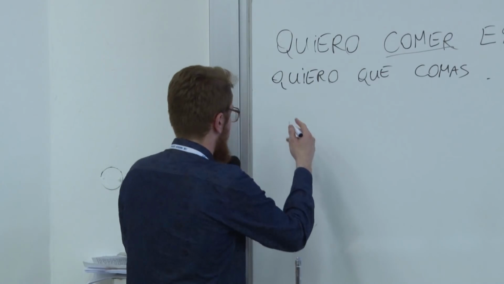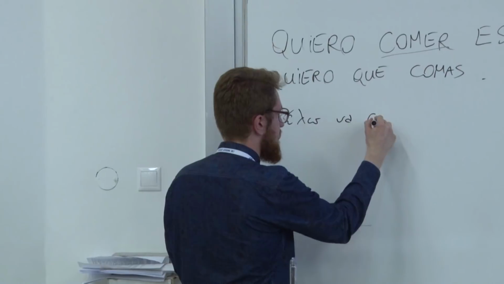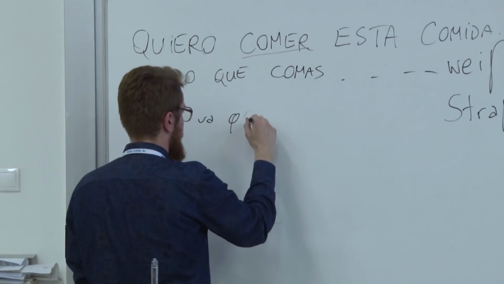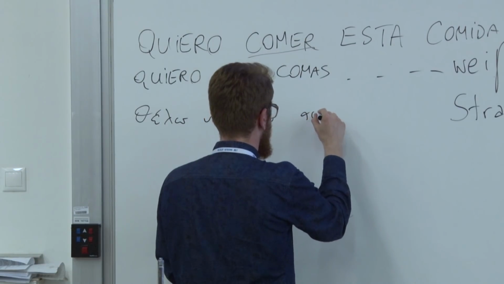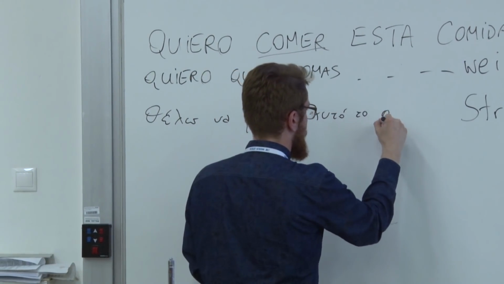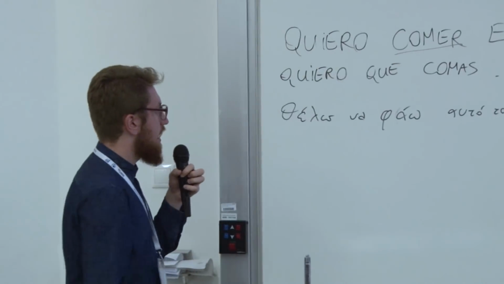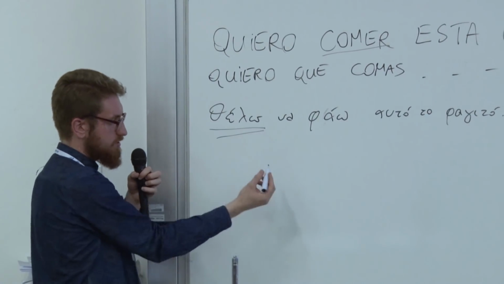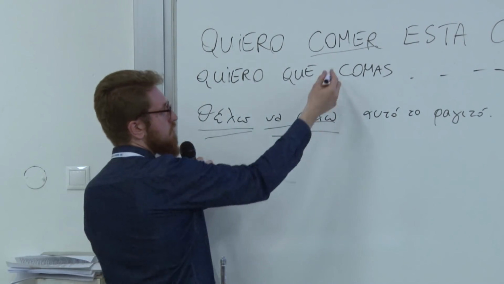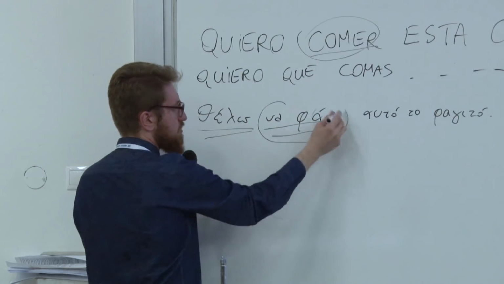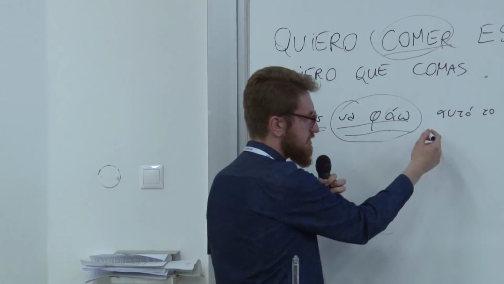So, when you write θέλω να, not this alphabet, θέλω να φάω αυτό το φαγητό. I want that I eat. So you don't use to eat as an infinitive, but you already use this another mode.